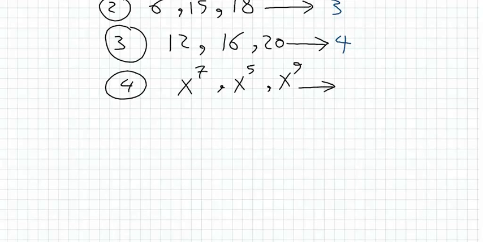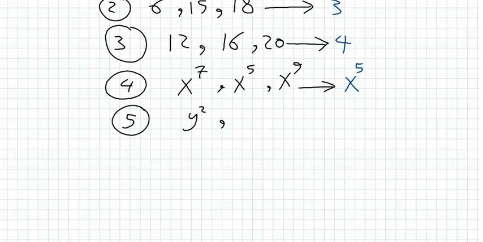The greatest common factor here, always, is the one with the lowest power. So it is x to the power 5. Try now y squared, y to the power 5, y to the power 3. The greatest common factor here is the one with the lowest power. So it is y squared.